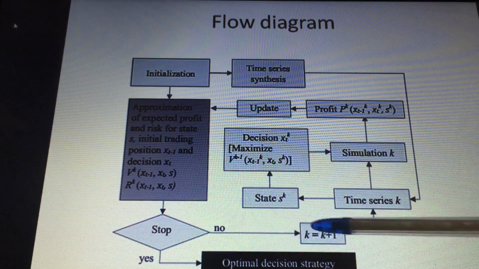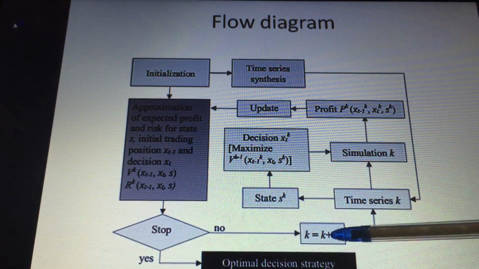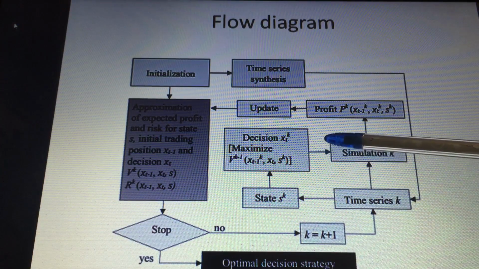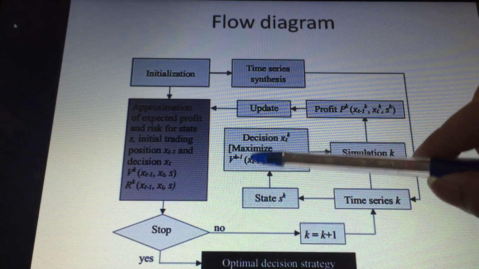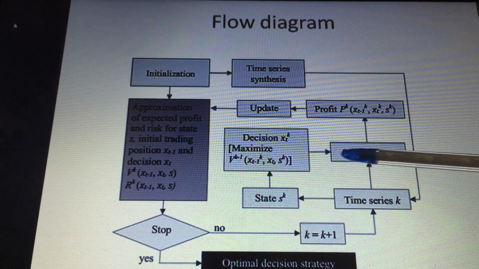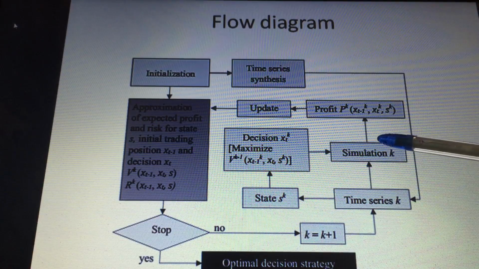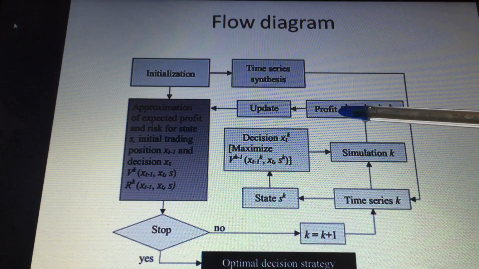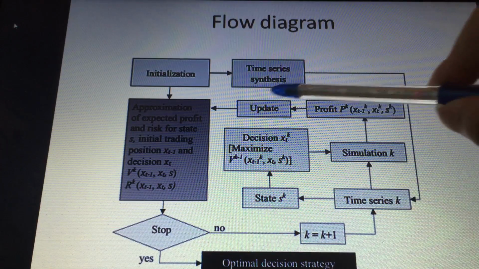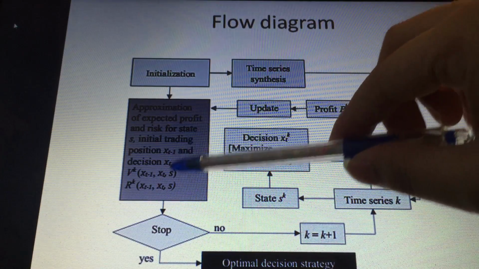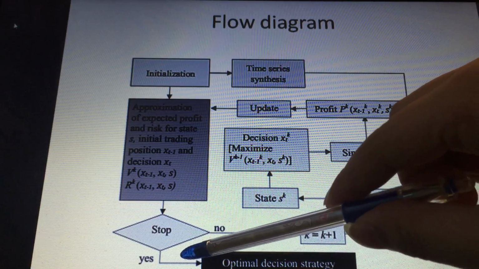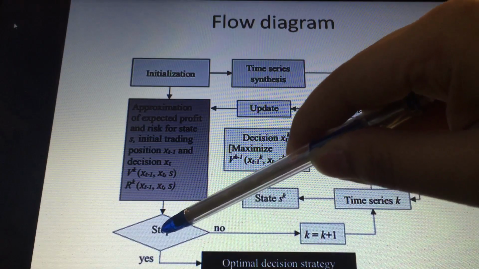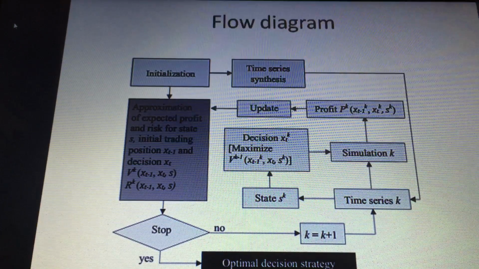If it's not converged, we have to update the states and make the decision to maximize the value functions and do the simulations and find the profits for this period, update, and go through the loop again until we get the convergence of the value functions.